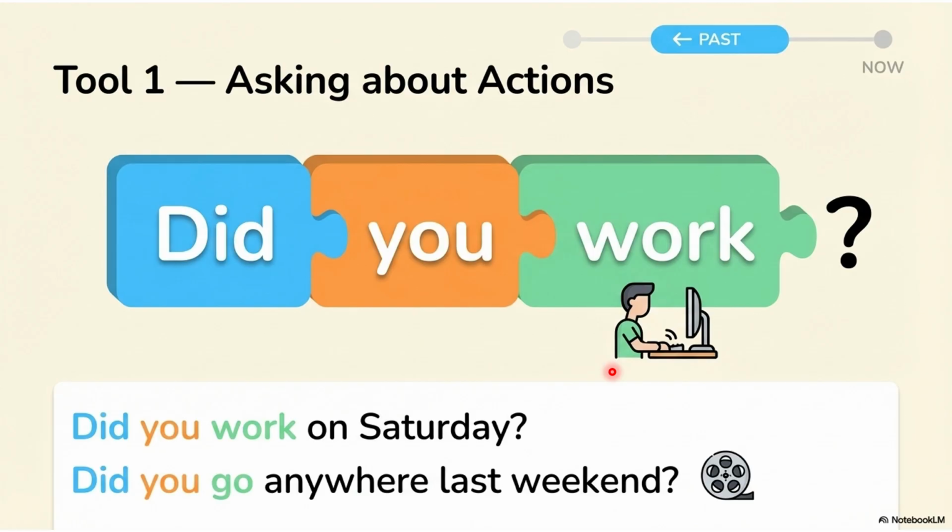Did you work on Saturday? Did you go anywhere last weekend? Work is an action verb. Go is an action verb. Okay? So when we have an action verb, we need the auxiliary did to build our question. And this is a yes or no question.